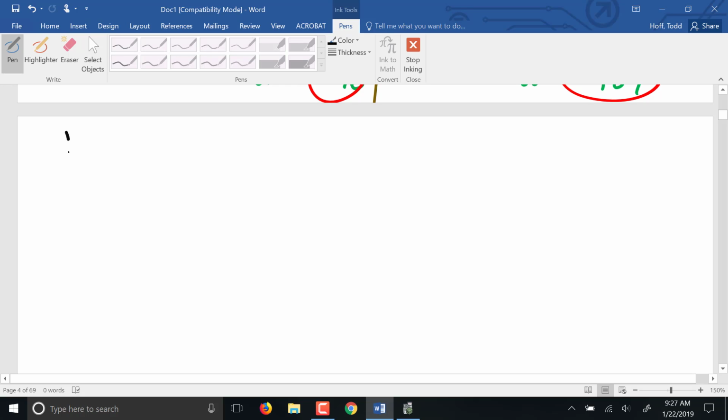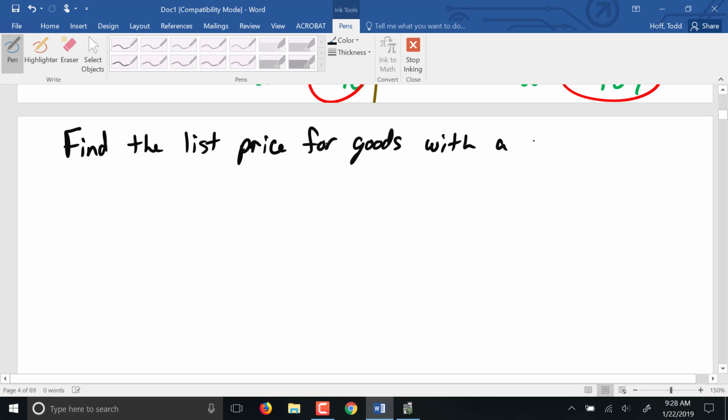We could find the list price for goods with a net price of $960 after an 8% trade discount.